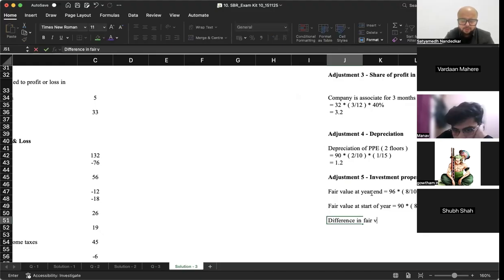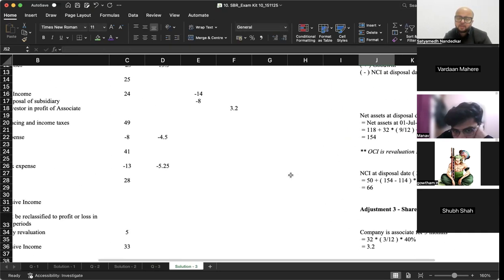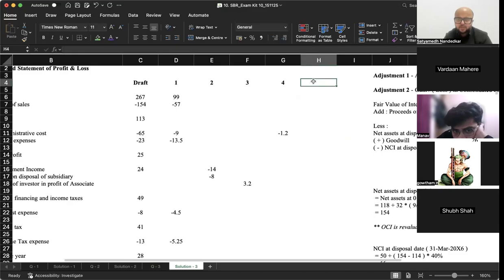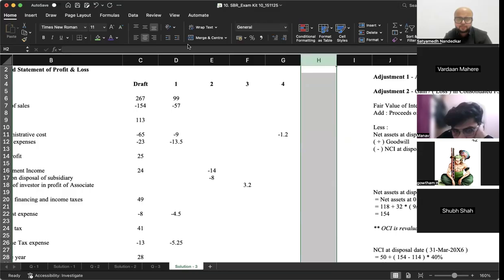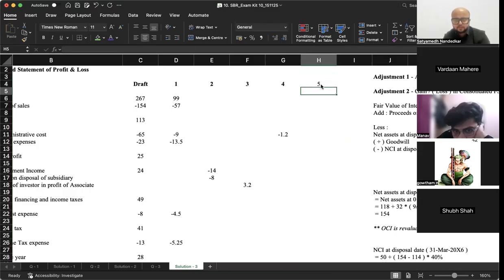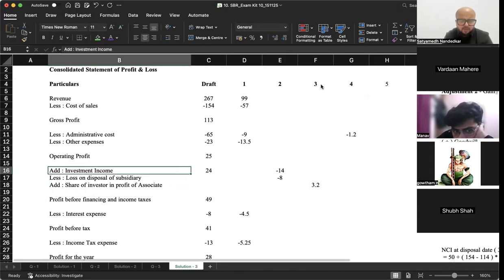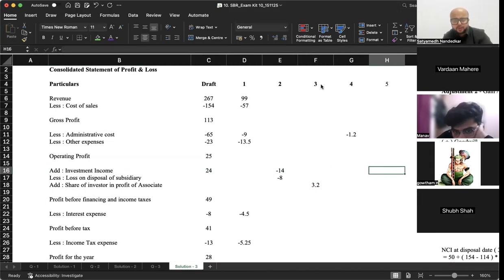So 4.8 difference in fair value, which is 4.8, goes to P&L. ठीक है. एडजस्टमेंट 5 बोल दो इसको. कहाँ डाल दूं? इन्वेस्टमेंट इनकम में ऐड कर देता हूँ 4.8. ठीक है.